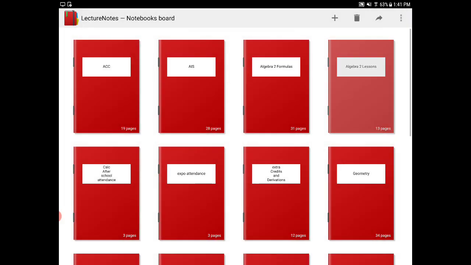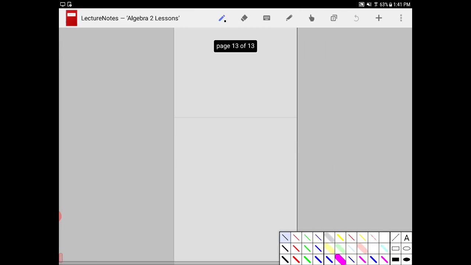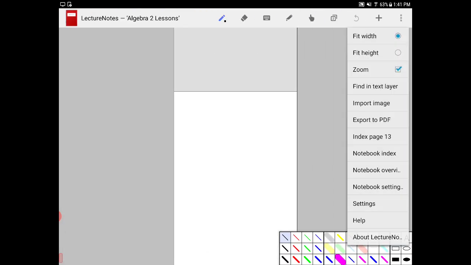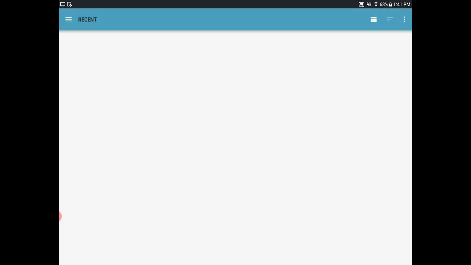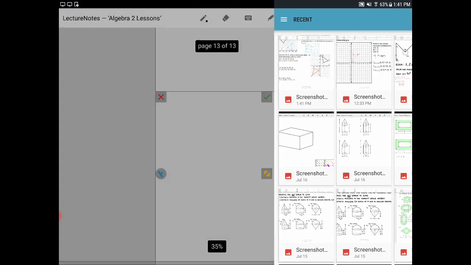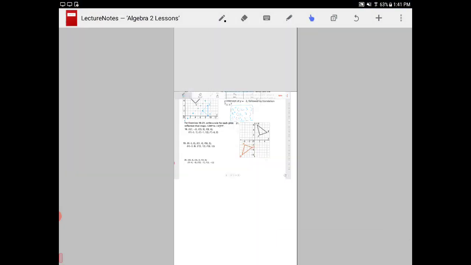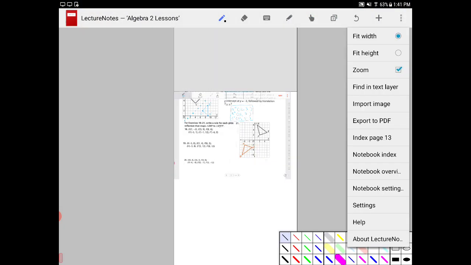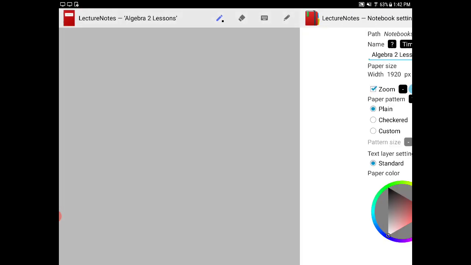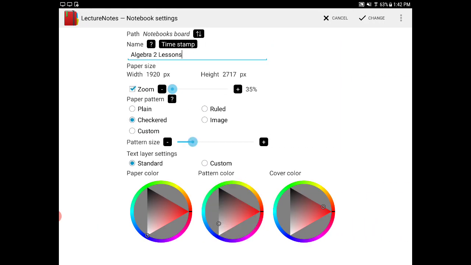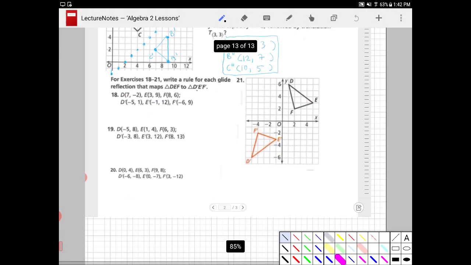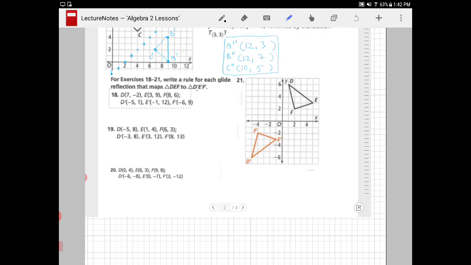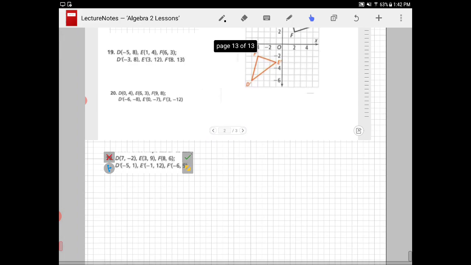I'm going to use this. Okay, so I'm going to import that. And I am going to use grid paper. Okay, here we go. I want to come up with the rule that describes this. So I'm just going to get this over here.